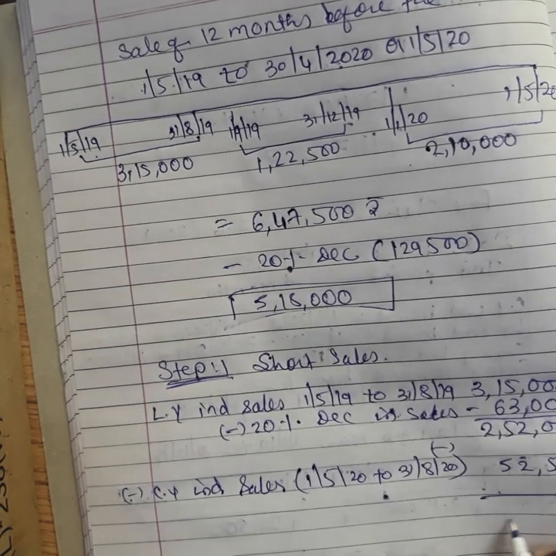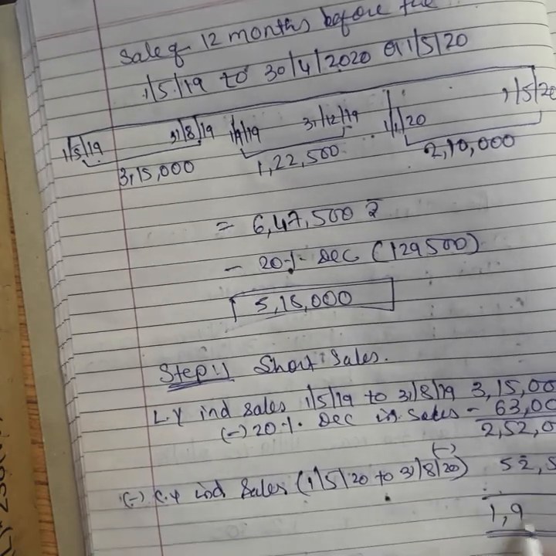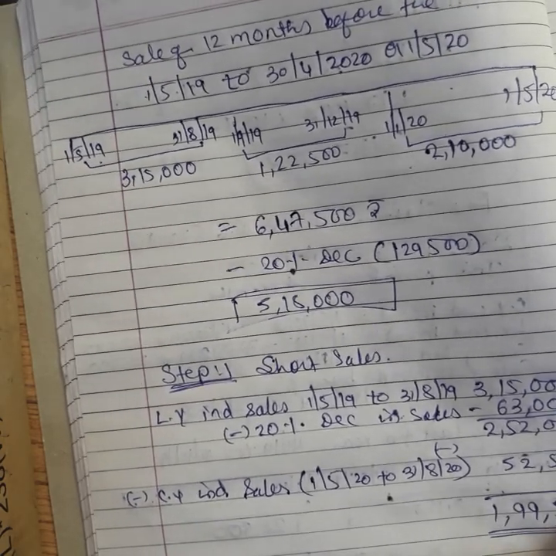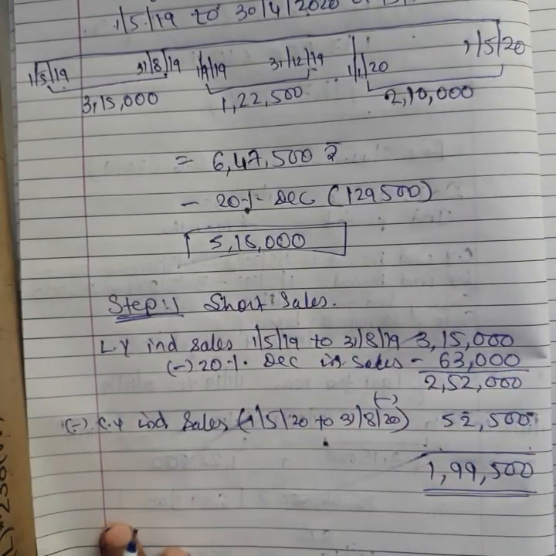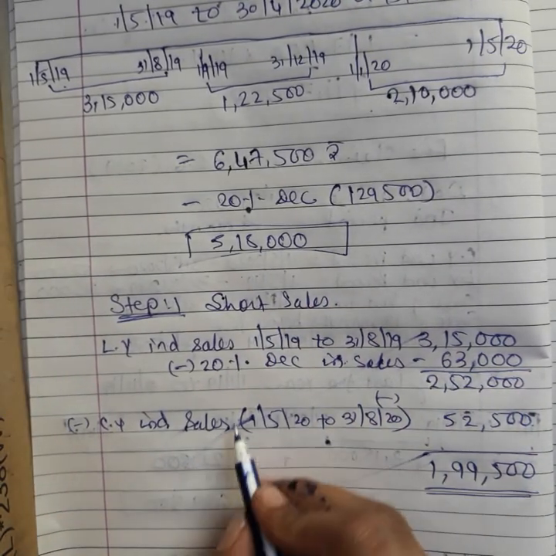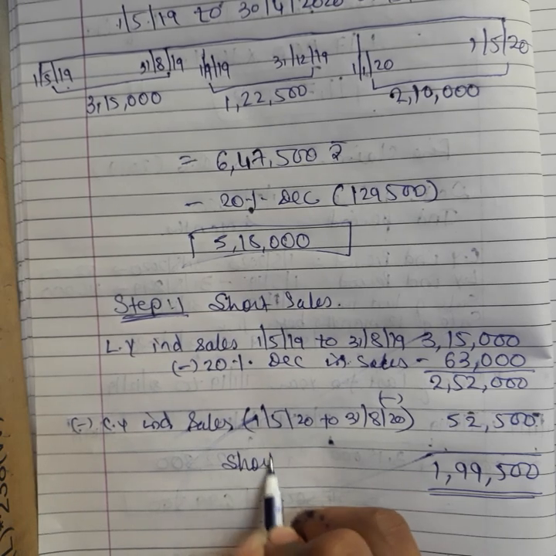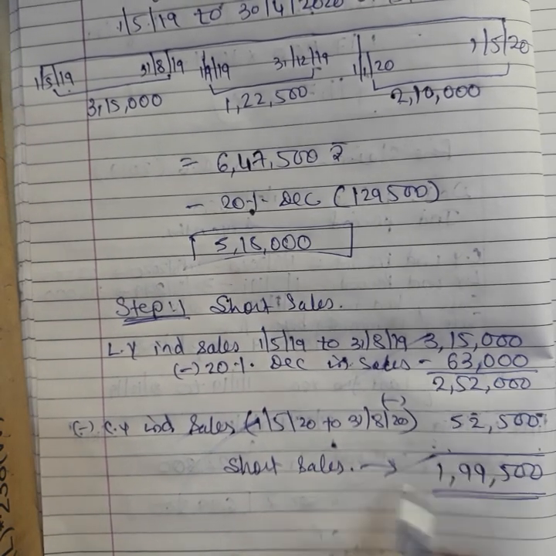So the amount of short sales is 1,99,500. This is the amount of your short sales.